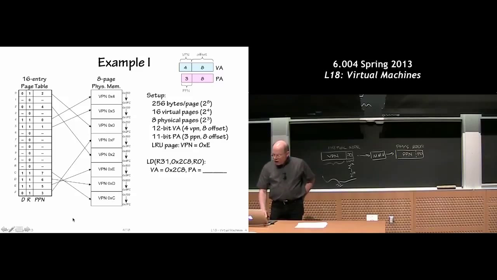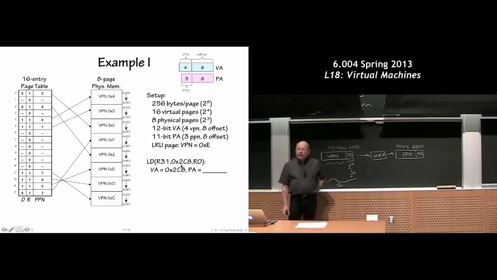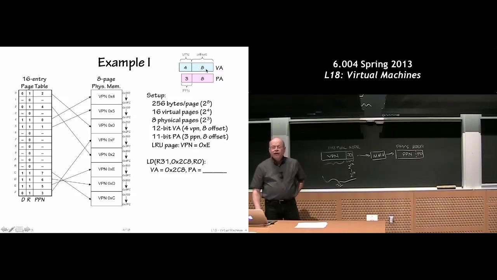So if we say, okay, I want to do a load from address 2C8, our first job is to divide that address, the hex 2C8, into a virtual page number and a page offset. Handily, our example makes it pretty simple, because the bottom 8 bits, the bottom 2 hex digits of the address, are the page offset.